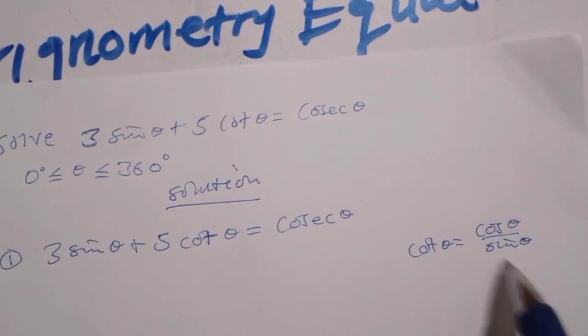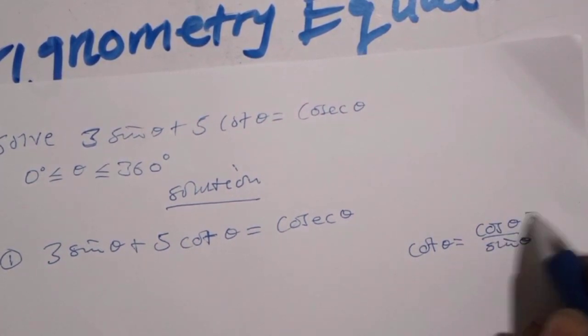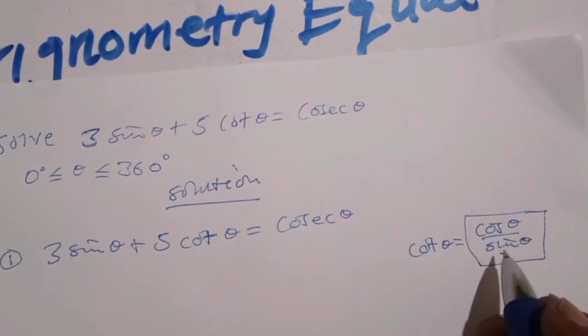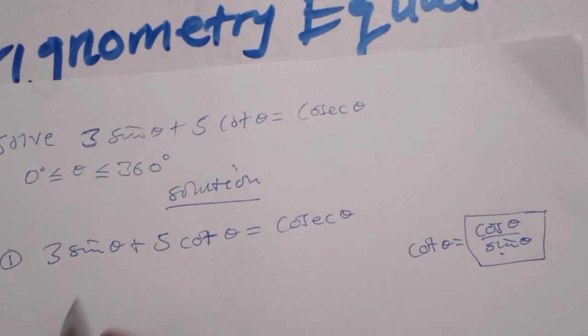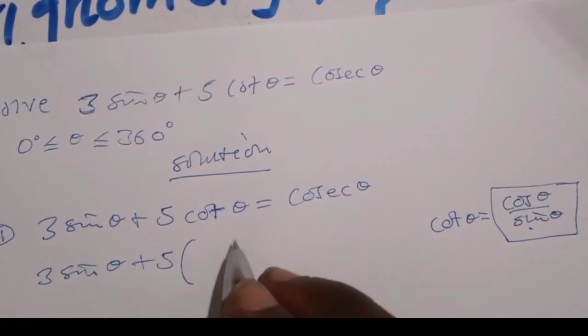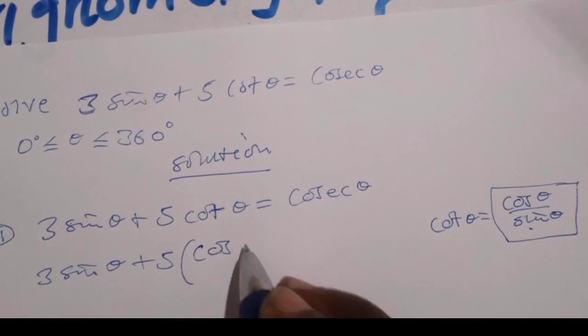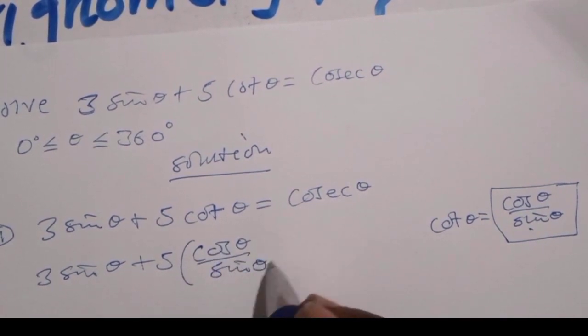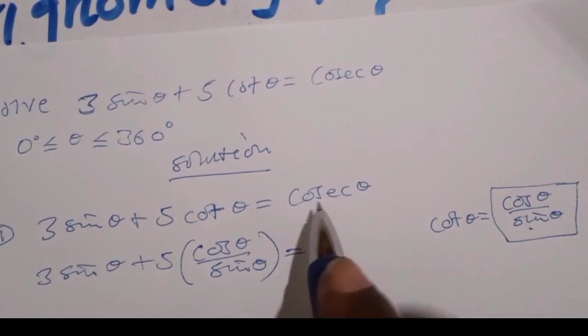This is the identity for cot, so we substitute where there is cot, and it will be 3 sine theta plus 5 open bracket cos theta over sine theta close bracket equals cosec.